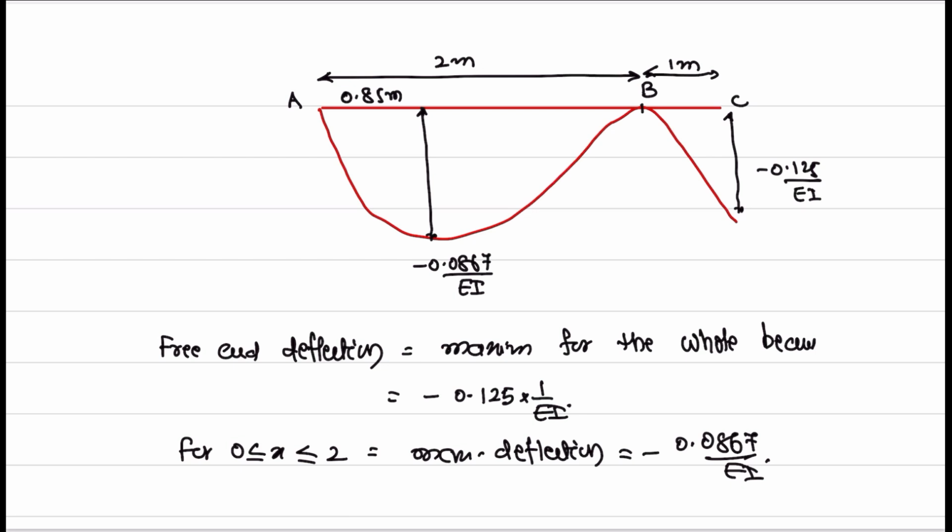For the whole beam ABC, delta max for the whole beam ABC is equal to minus 0.125 by EI.